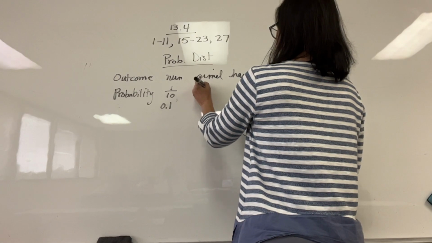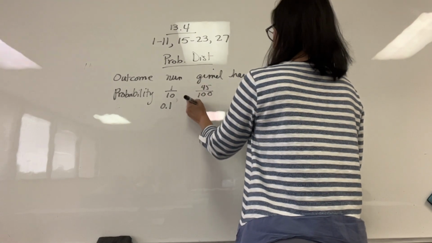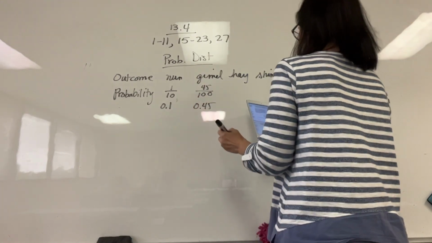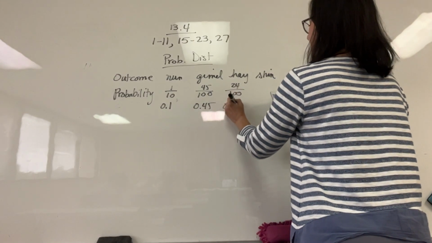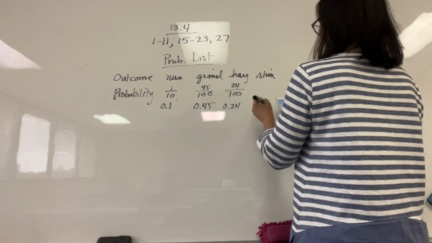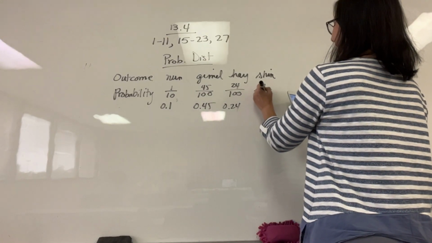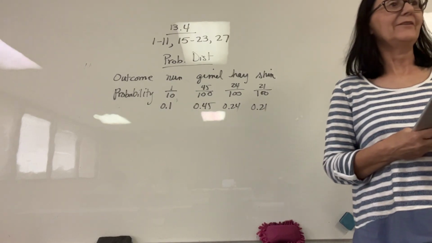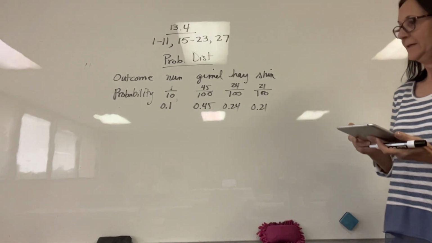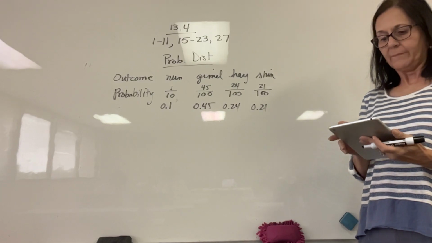That's 45 hundredths or 0.45. These are easy to write as decimals, right? When they're all over 100, you just put the decimal in front. You don't have to write both of them.